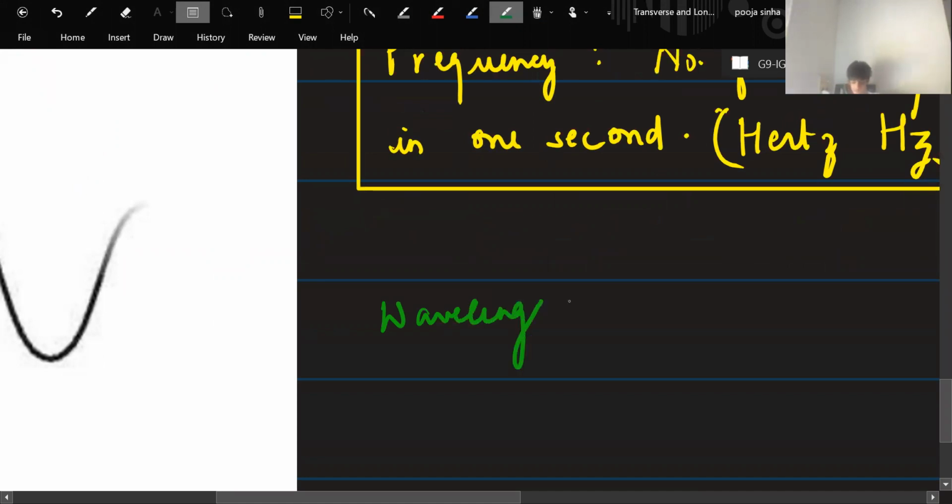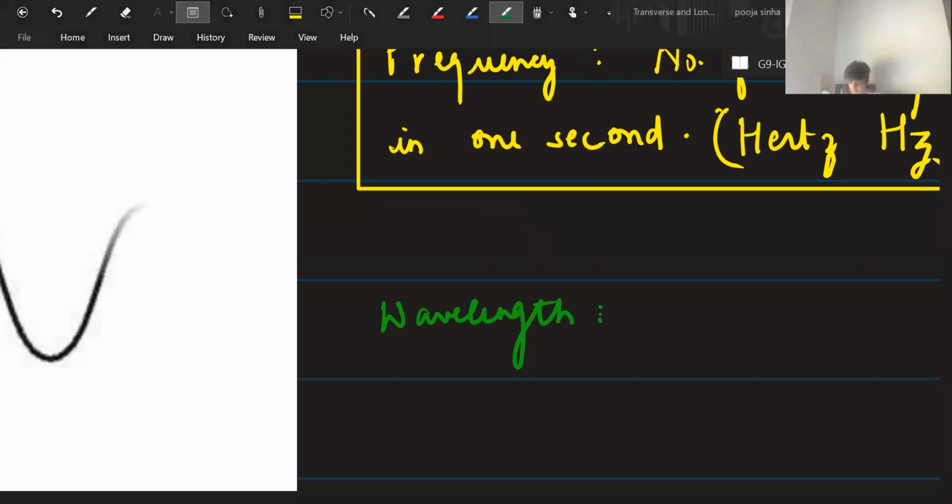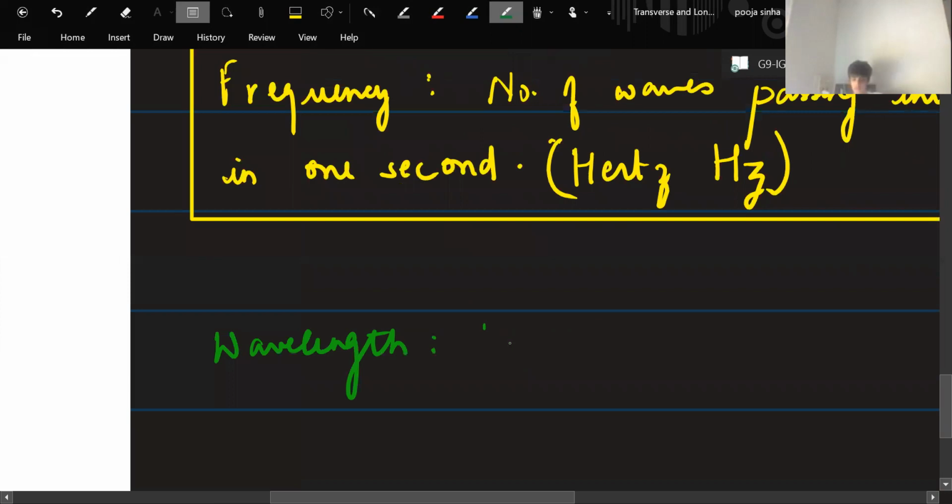Wavelength is the distance between any 2 points on a horizontal line.